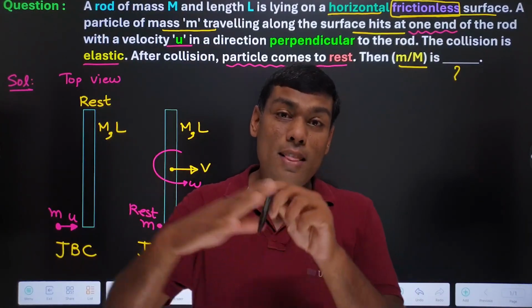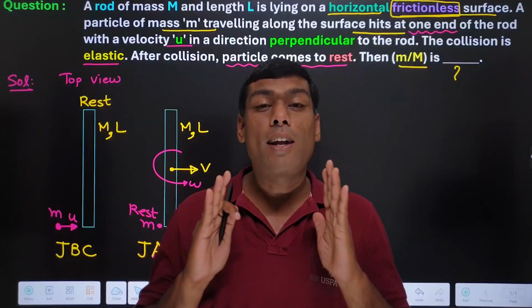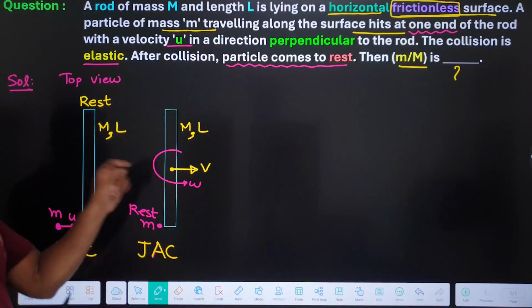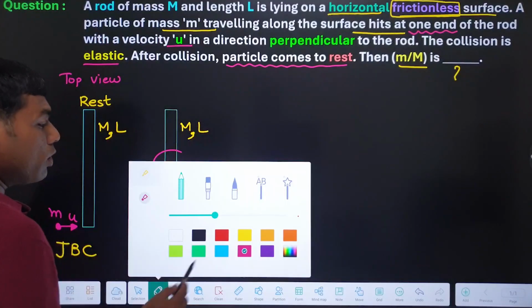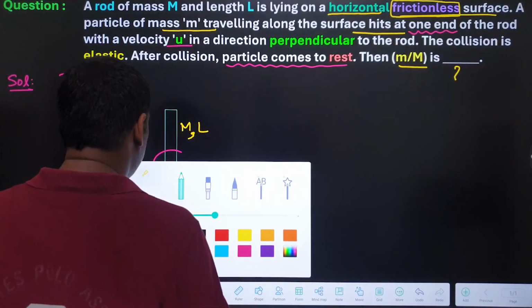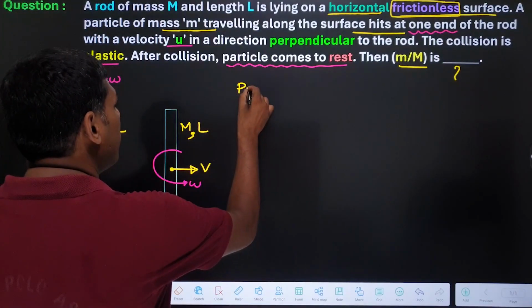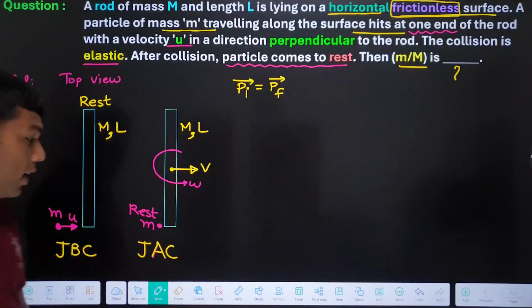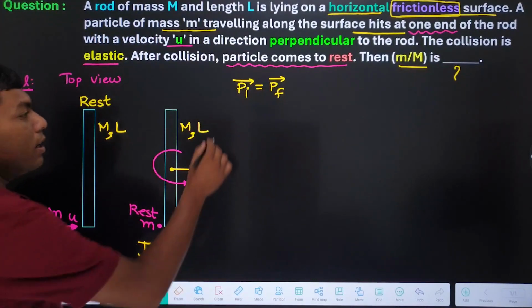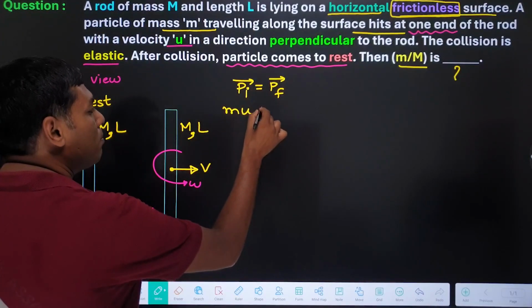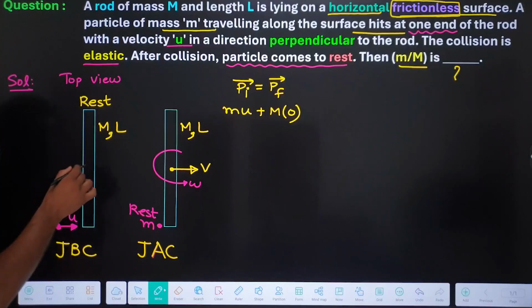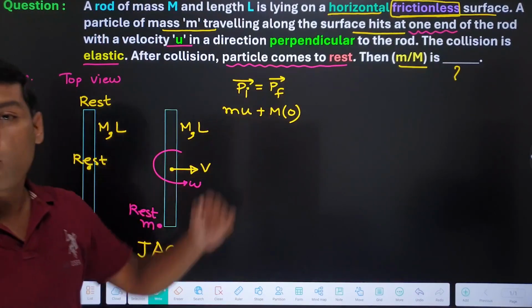It means in the horizontal direction, we can conserve the linear momentum of this point mass and rod system. So first of all, we conserve the linear momentum: P initial vector is equal to P final vector. Initially, the linear momentum of the point mass is mu and the rod was at rest, so capital M into 0.